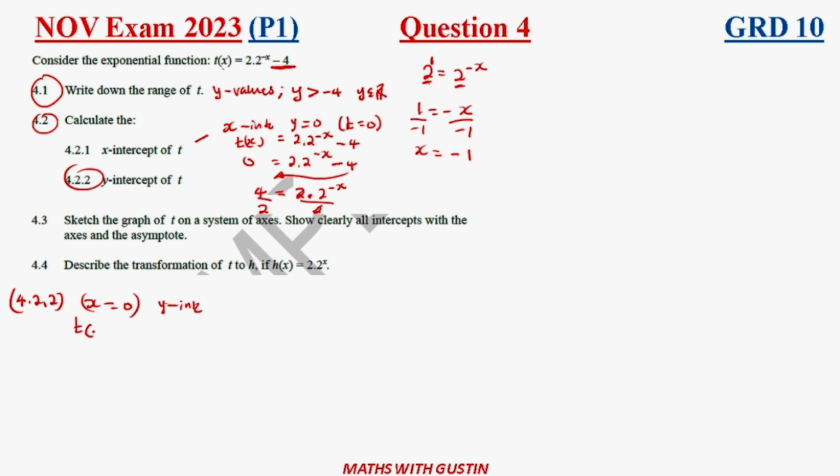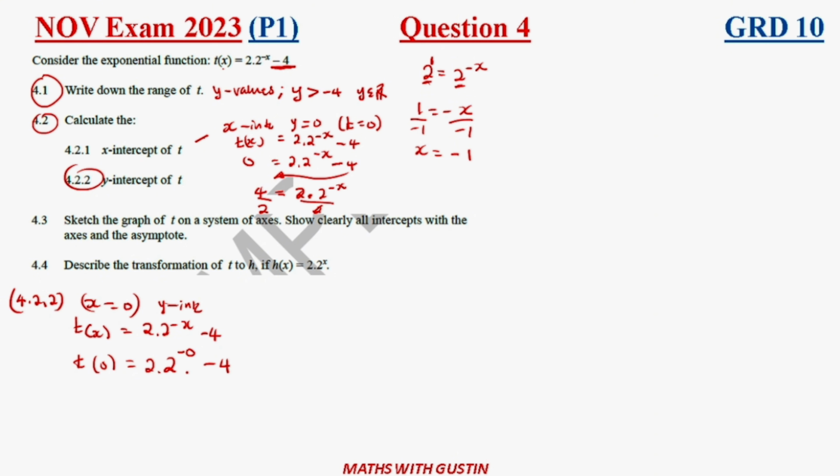Oh, sorry, we get it when x is equal to 0, not y. I'm pausing because I'm also confusing myself here. All right, guys, we get y when x is equal to 0. So we're going to say 2 times 2 to the power of 0 minus 4.